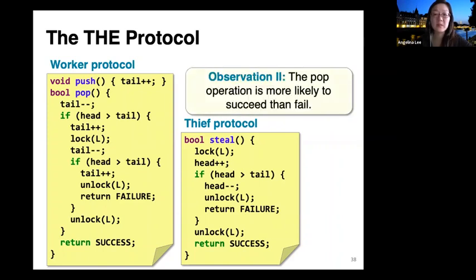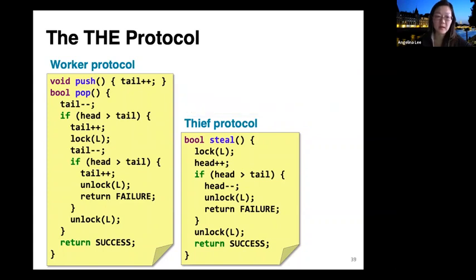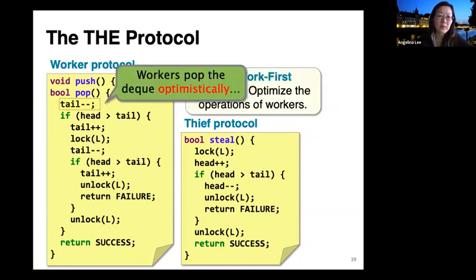And the second observation is that the pop operation is much more likely to succeed than fail. So when we use what we call the THE protocol to operate on this deck, we try to optimize the operation of the worker, where we allow the worker to pop the deck optimistically without grabbing the lock, okay?